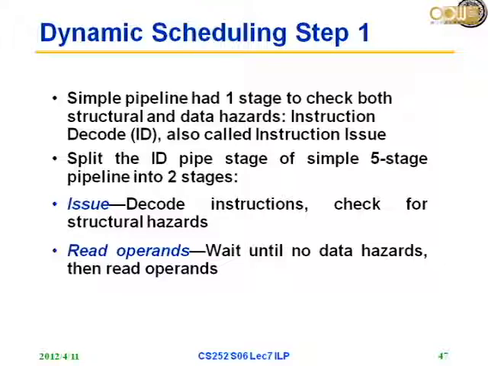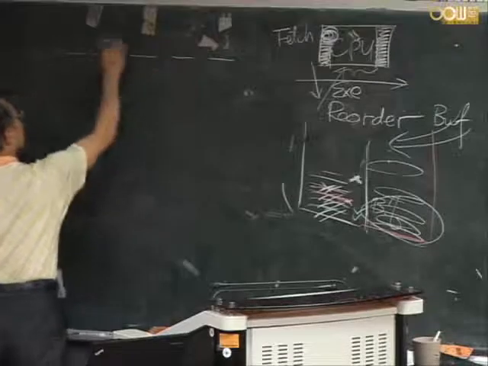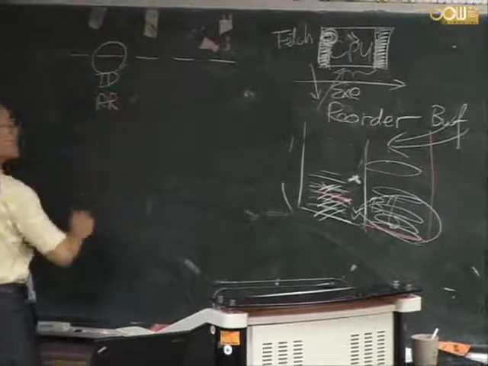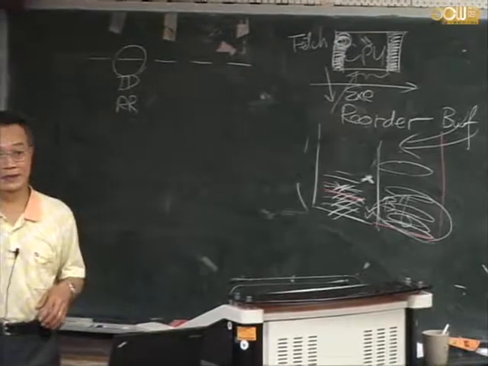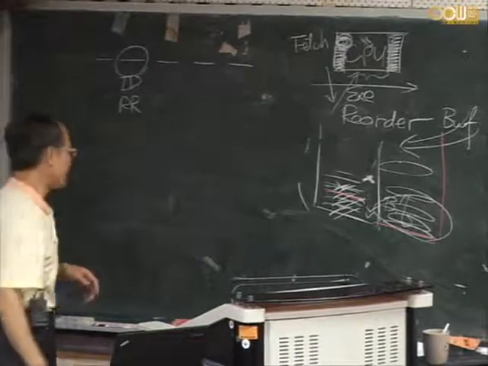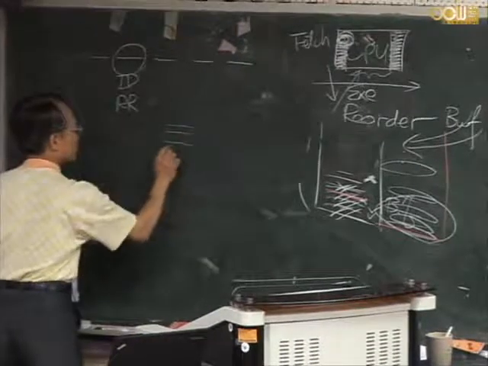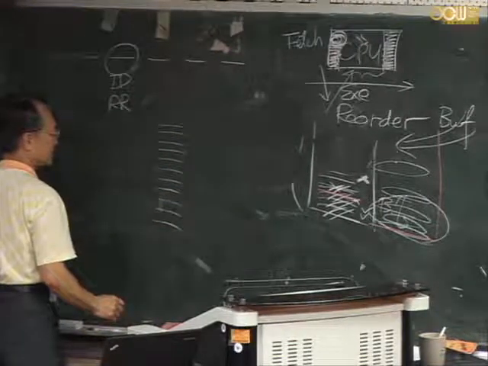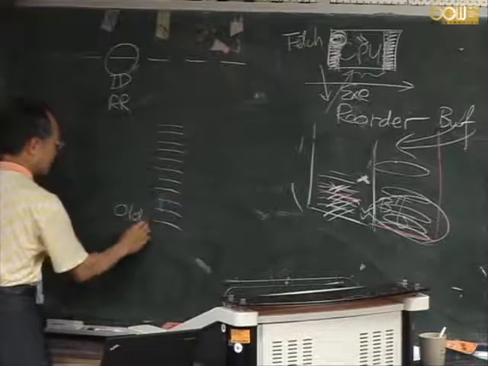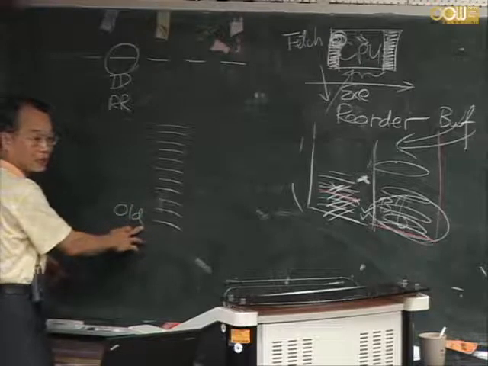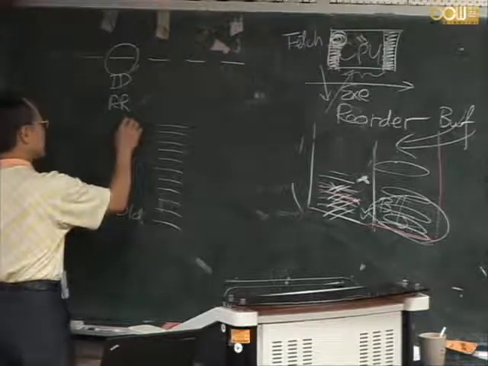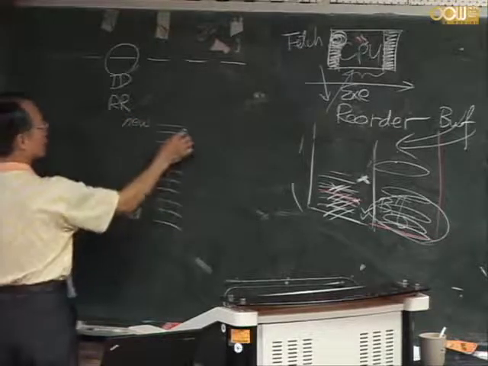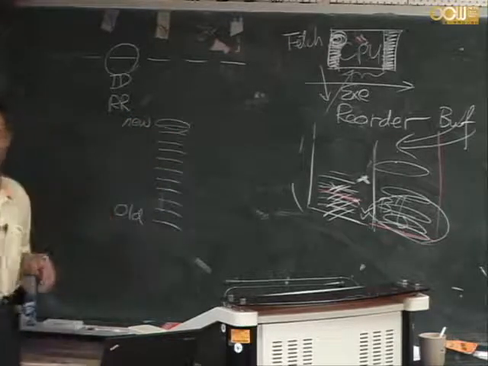Previously, when you decode, you also do register read. But now, if this is your instruction execution sequence, let's call this the oldest instruction, the newest instruction. You are not decoding this instruction.